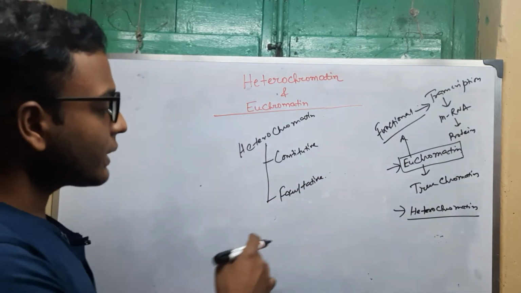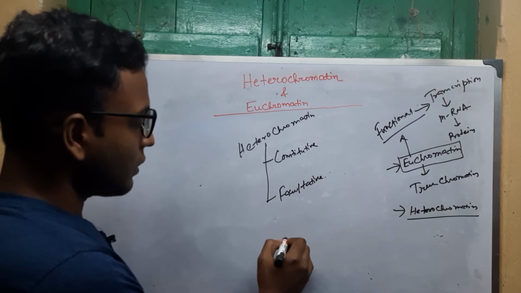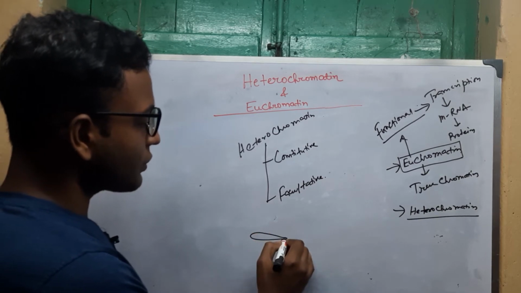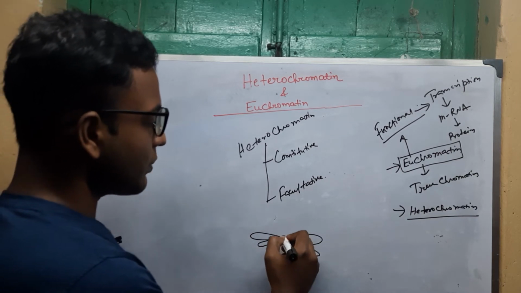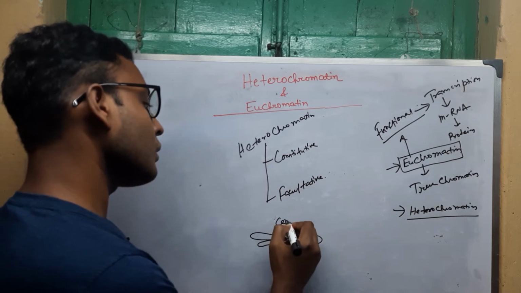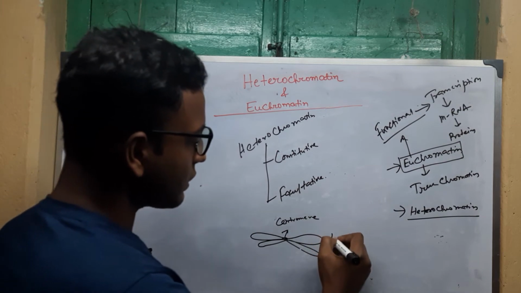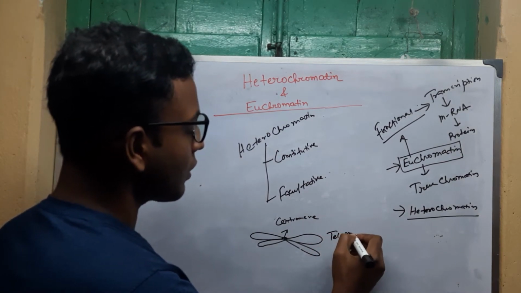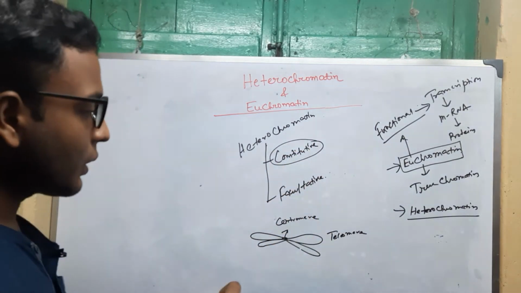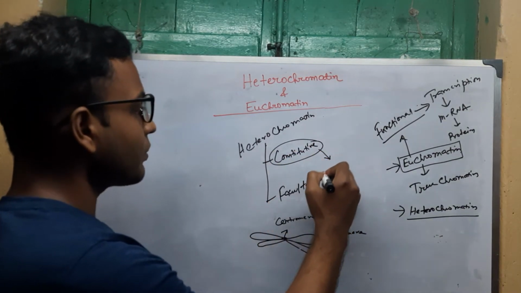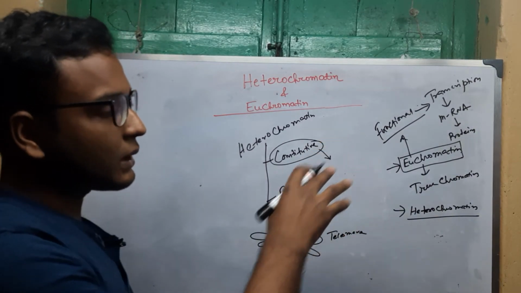When the chromatin condensation takes place and the chromosome forms, there is a part called the centromere, and the portion telomere is the constitutive one. This constitutive heterochromatin would not take part in any process such as transcription or translation.